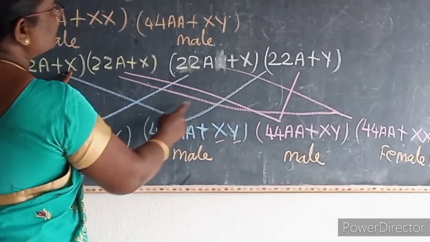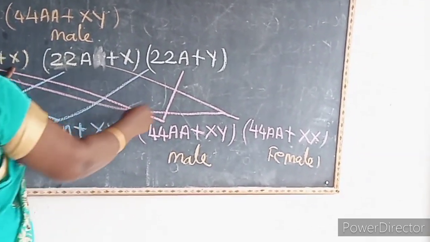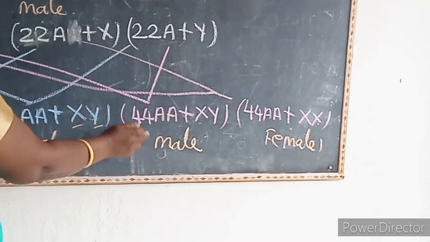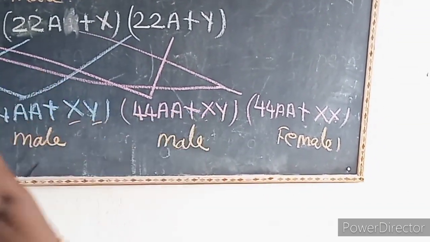This X crosses with the Y, it represents the male. Then this X crosses with the Y, it represents the male. Then this X crosses with this X, then it represents the female.